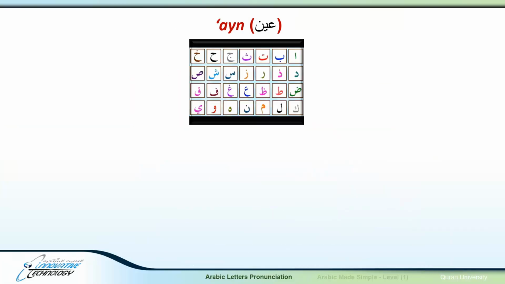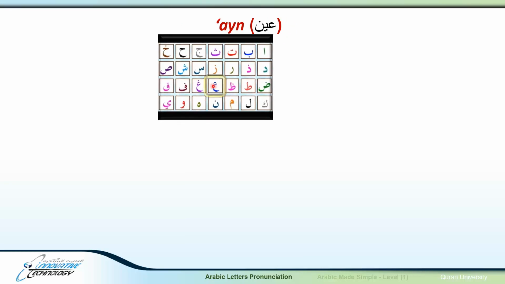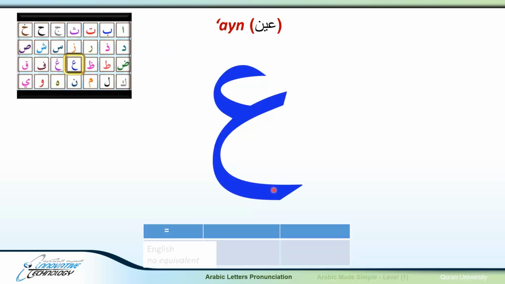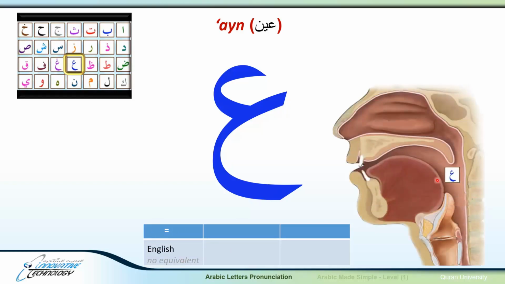The next letter is the ayn. Ayn looks like this, and it has no English equivalent. It sounds like choking, as if somebody is choking your throat, because it's coming from the throat.